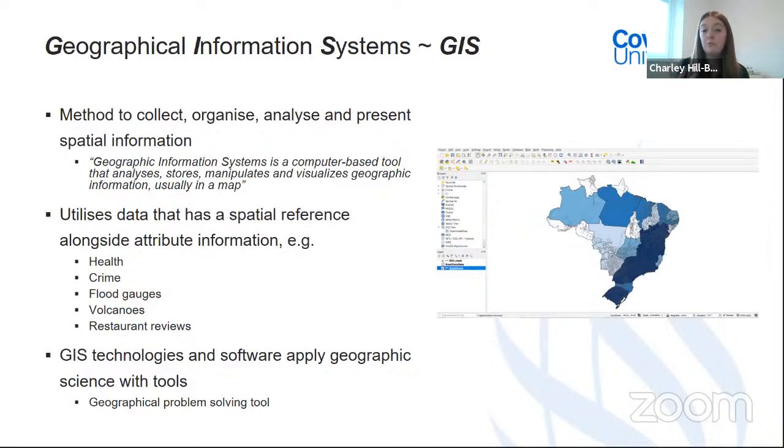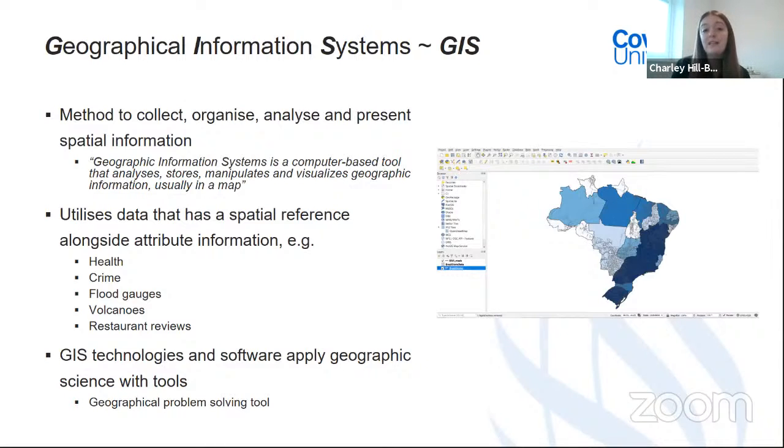I've produced a choropleth map with the deeper colours representing a higher population. Overlaid on that is the road network within Brazil. So we can see that, in this case, there's a denser road network where we've got higher population within Brazil.